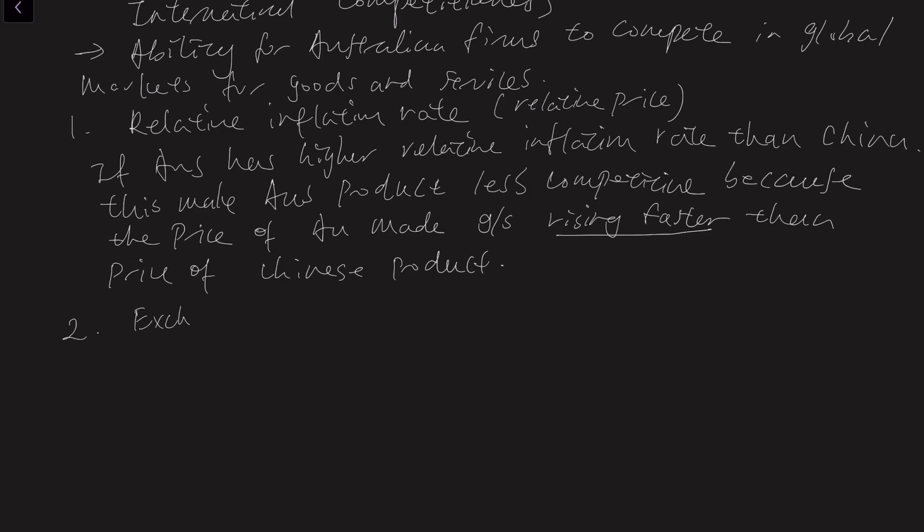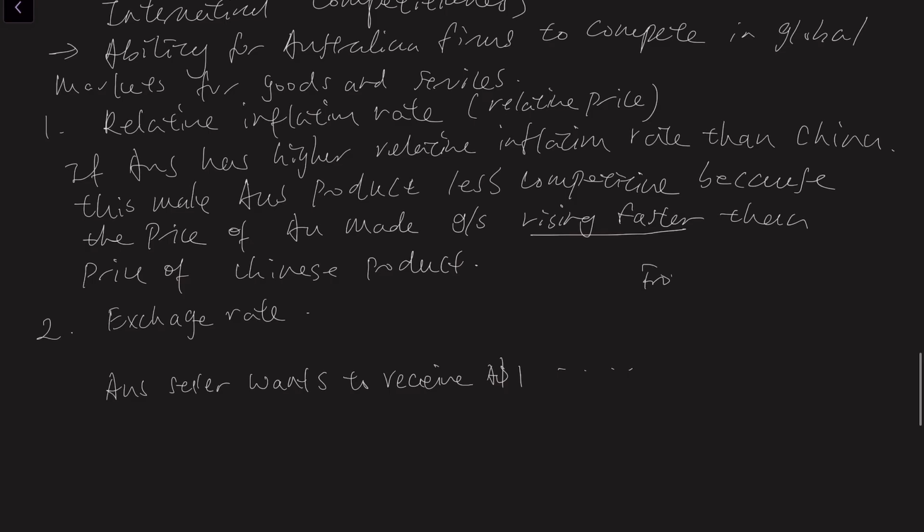The exchange rate is also a factor. I have already talked about this before. The notion of the exchange rate is that, for example, the Australian seller wants to receive $1 Australian. But this is not important from foreign buyers' perspective. They don't care how much Australian dollar the seller wants. They go to the website and find out what $1 Australian is in terms of their own currency.